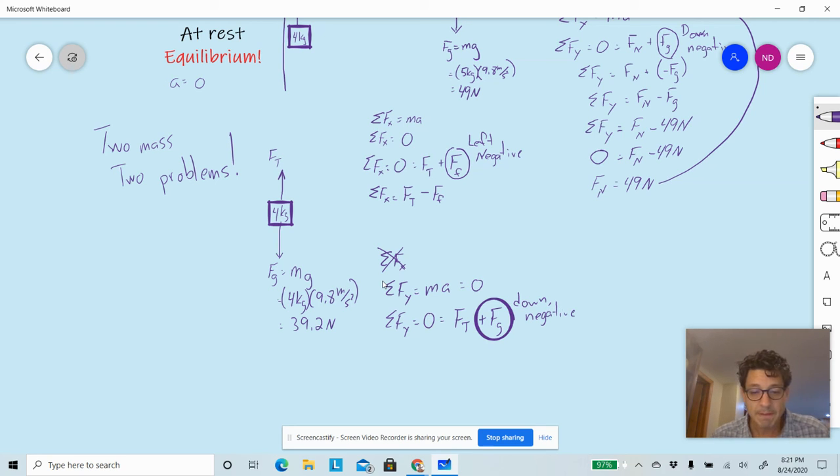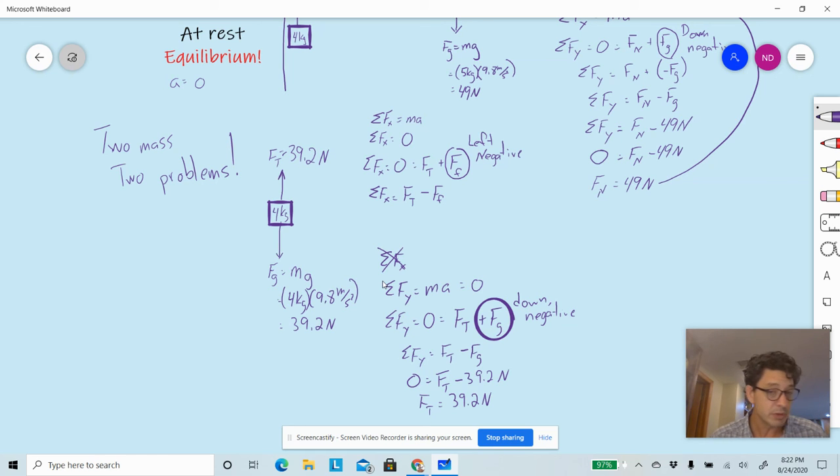So the sum of the forces in the y equals the tension minus the force of gravity. 0 equals the force of tension minus 39.2 newtons. The force of tension equals 39.2 newtons. So up here, this is equal to 39.2 newtons.